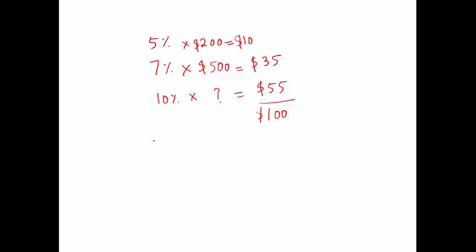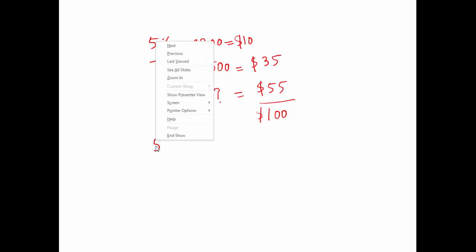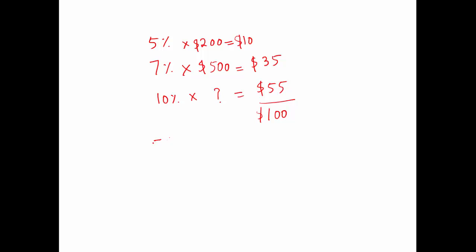So you know you want to make $55, and you know the rate is 10% times x, question mark.